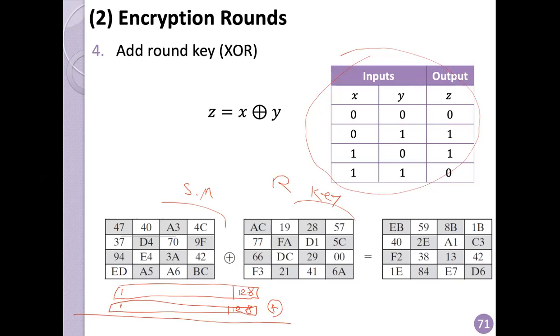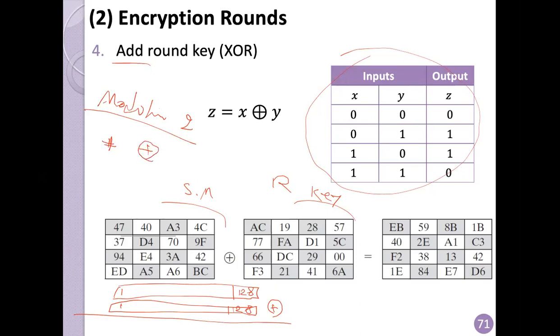The reason they call it add round key is that if the addition operation is defined in modulo 2, the operation of addition equals the operation of XOR.